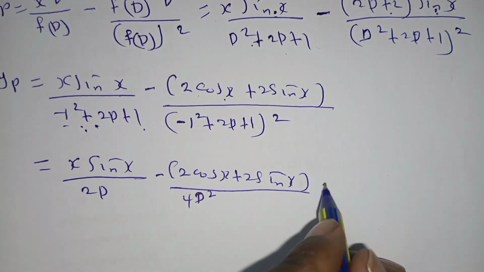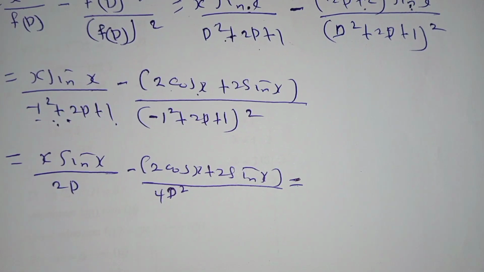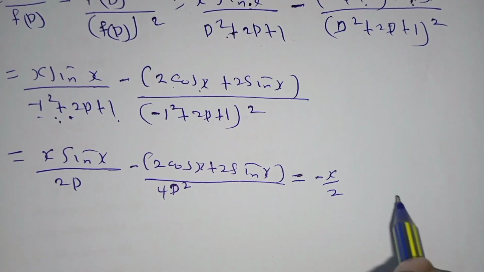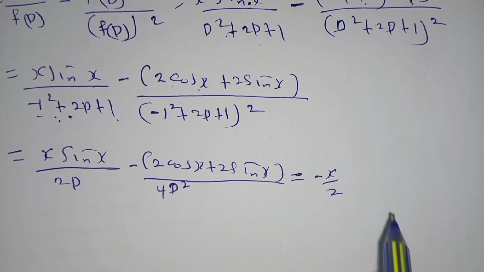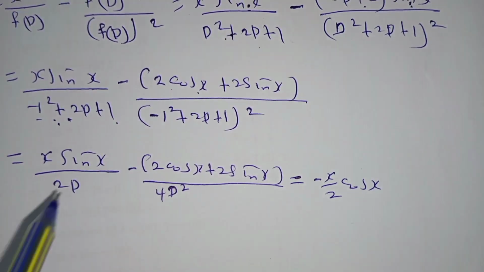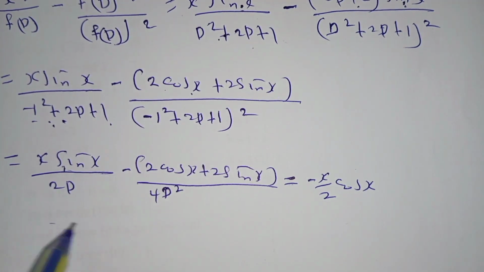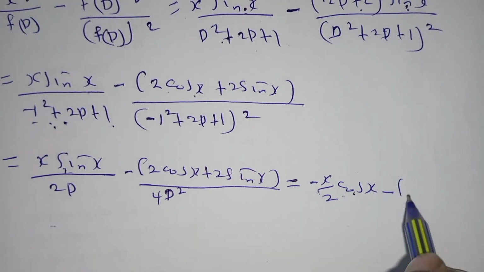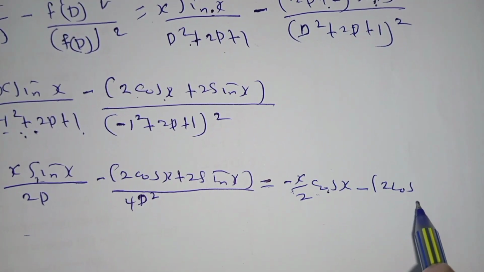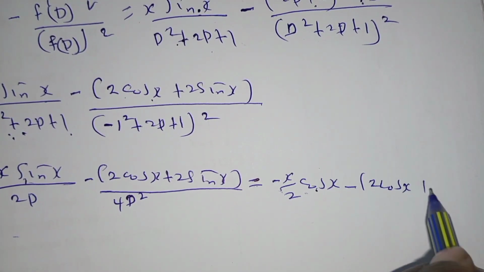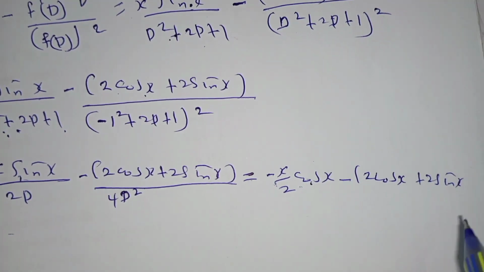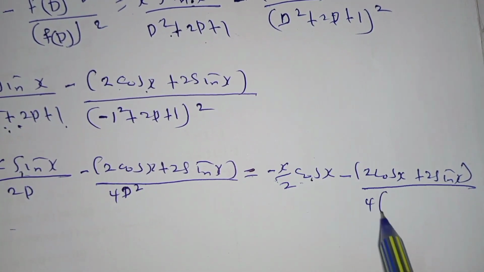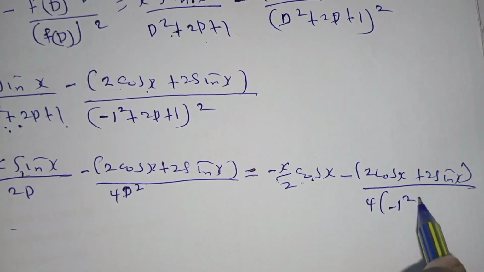So the next step simplifies to minus x over 2 cos of x. When you integrate sine, it is going to give you negative cos of x, so that is why I have negative here. Then minus (2 cos of x + 2 sine of x). Close the bracket. You divide this by 4 into bracket 1 squared.